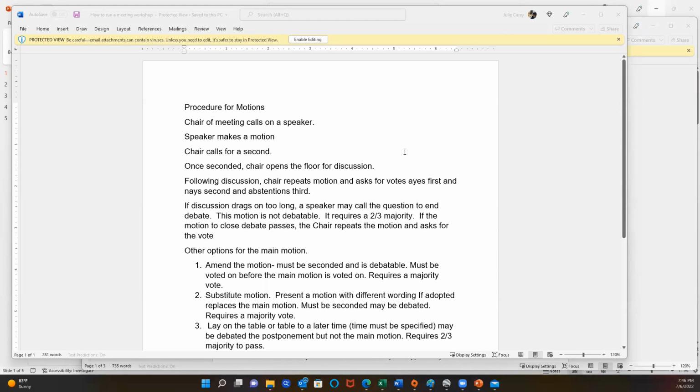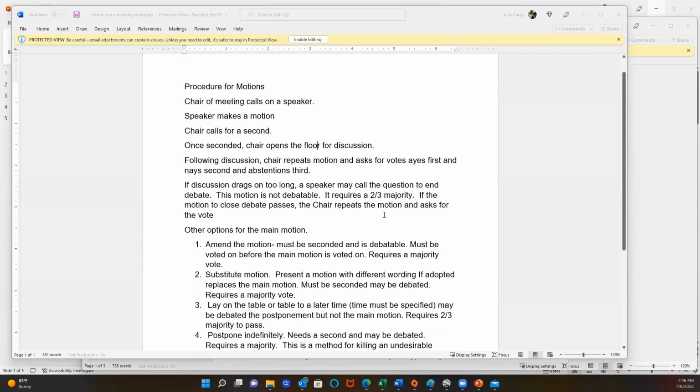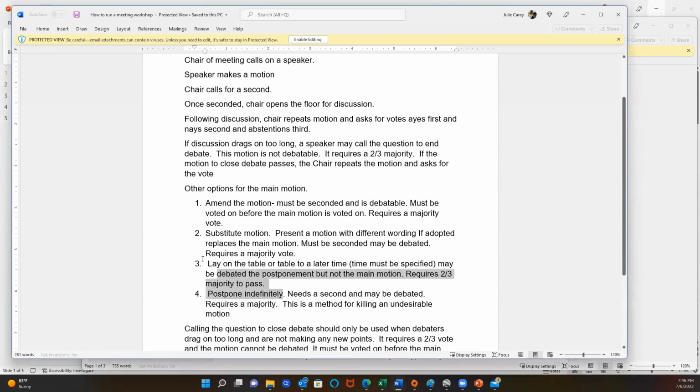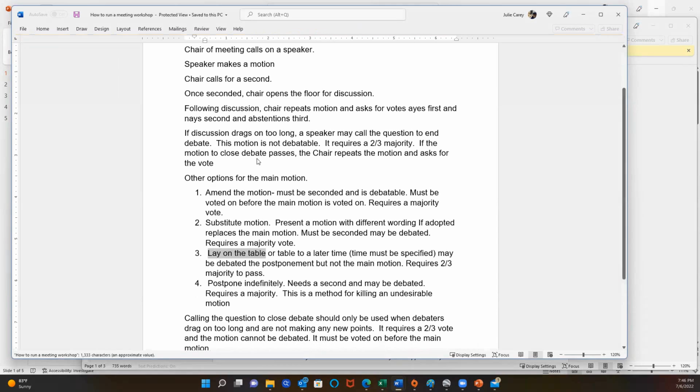If you go down to lay on the table, okay, number 3. Lay on the table is the incorrect title for that motion. That should be postpone definitely.